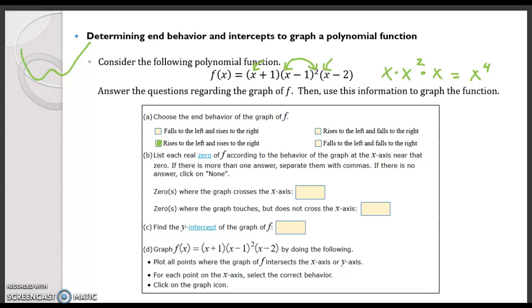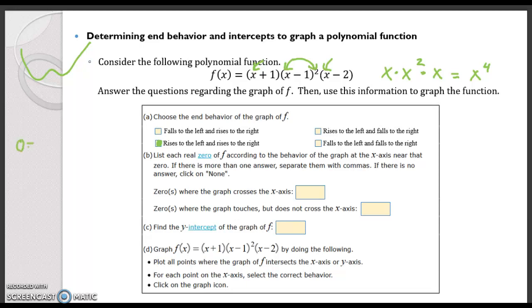Now list each real zero of f according to the behavior of the graph at the x-axis near that zero. So zero is where the graph crosses the x-axis, or zero is where the graph touches the x-axis.